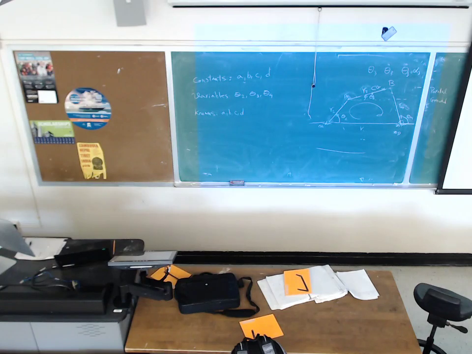So, if you remember, the degree of freedom for this mechanism was 1, because we have 4 links and 4 full joints.